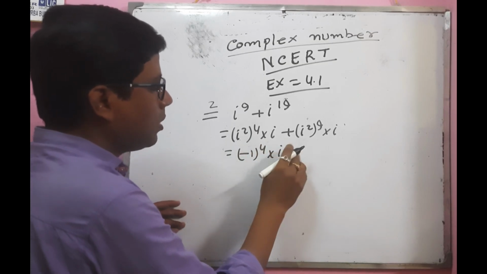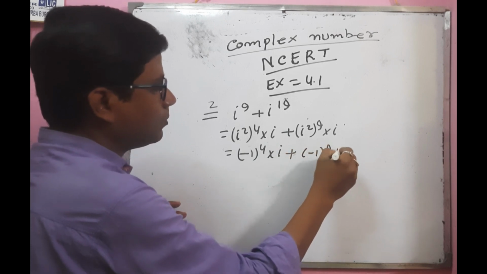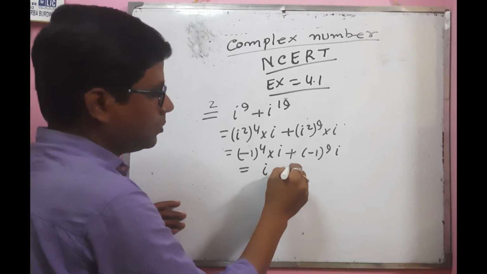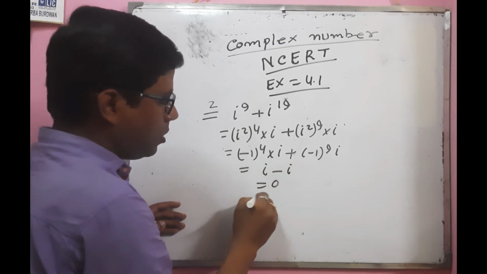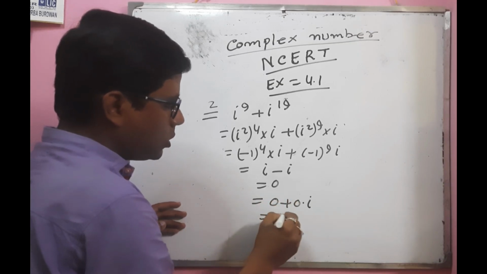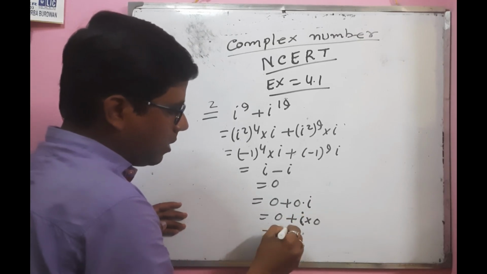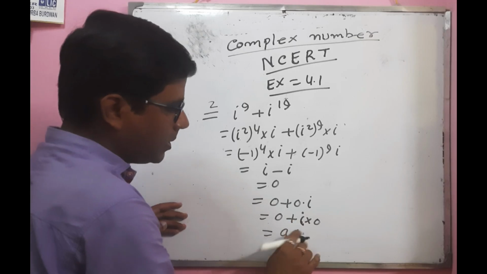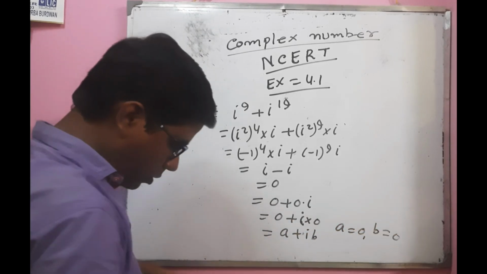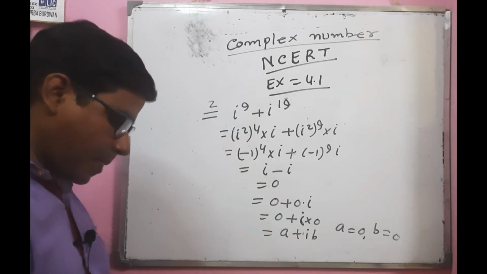Now calculating this, this is 0. So 0 plus 0 into i, this is the A plus iB form, where A is equal to 0 and B is equal to 0. Second problem solved. Now we move to the third problem.